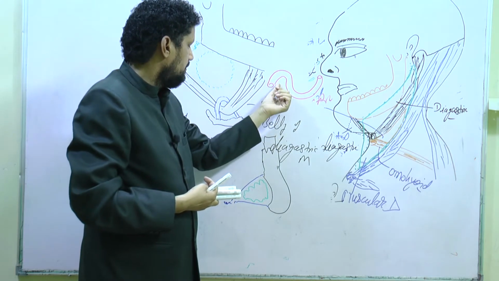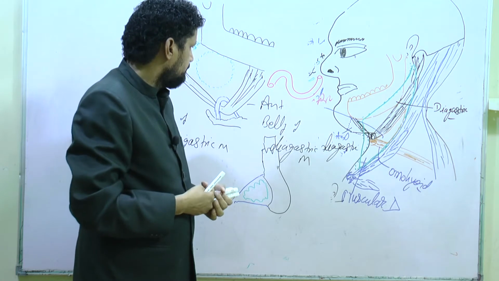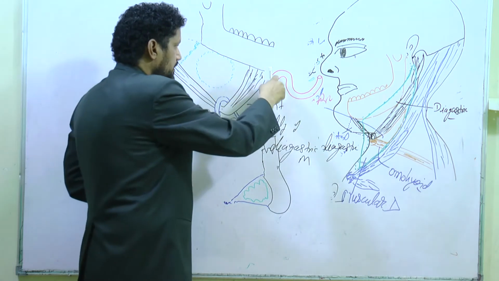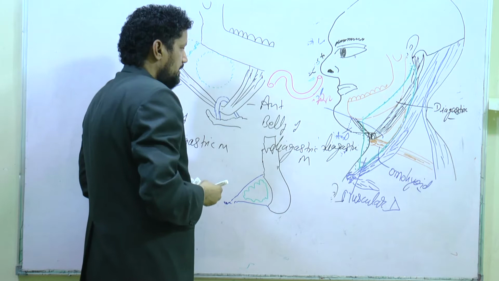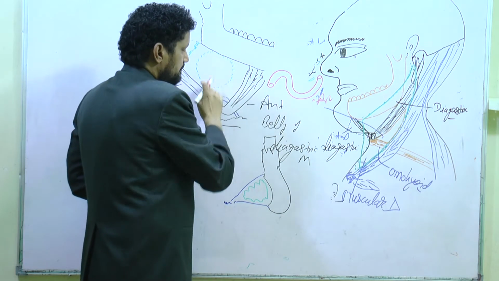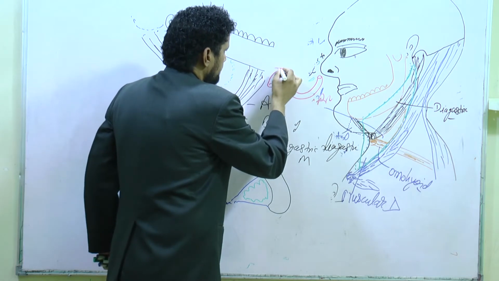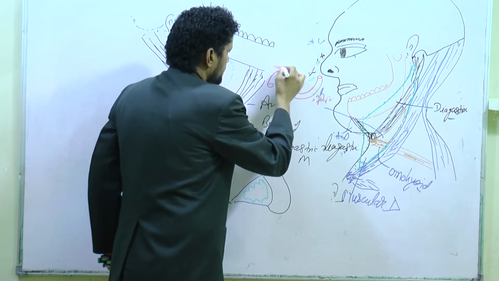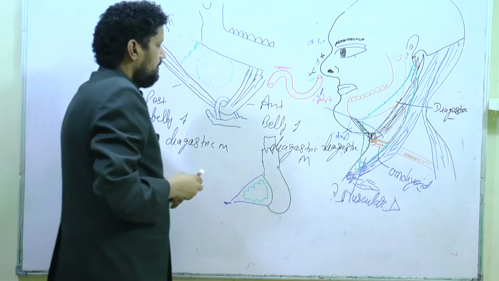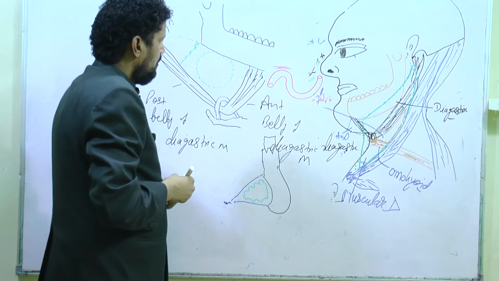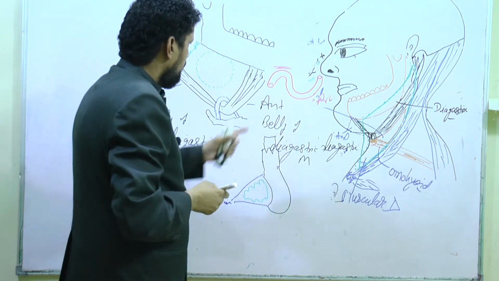One is upward convex and downward concave for the submandibular gland, and the summit of this is approaching up to the superior constrictor muscle of the pharynx and the floor of the tonsillar fossa.